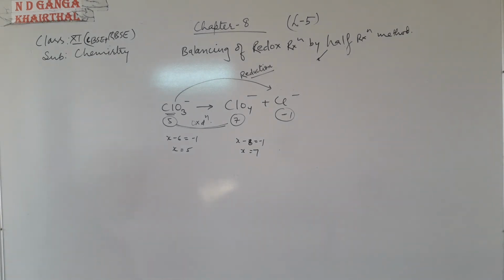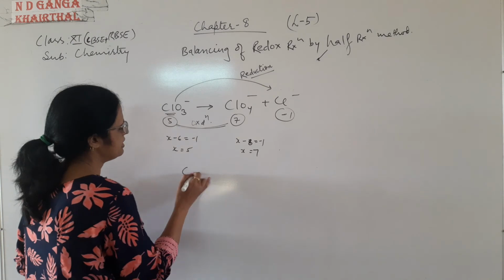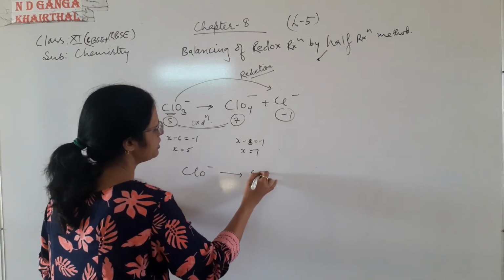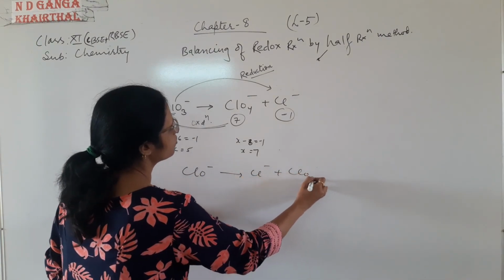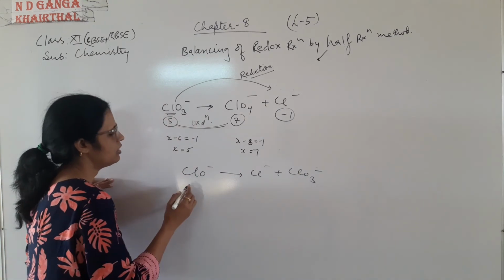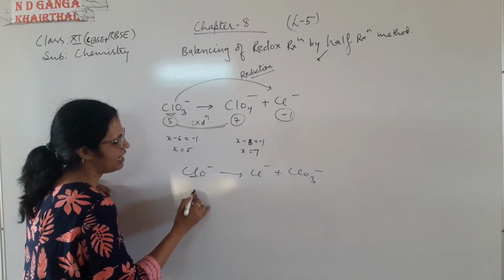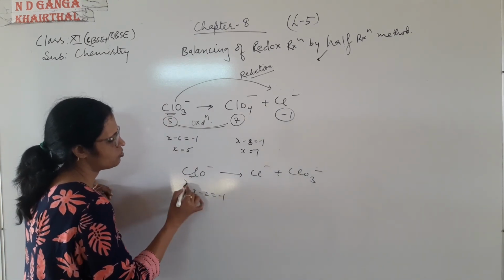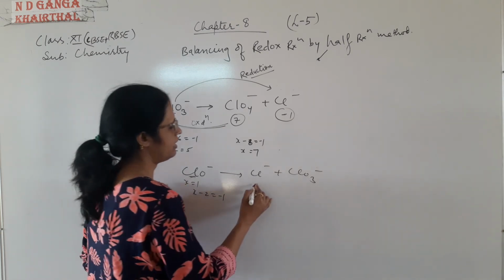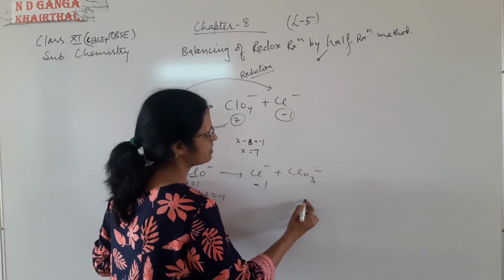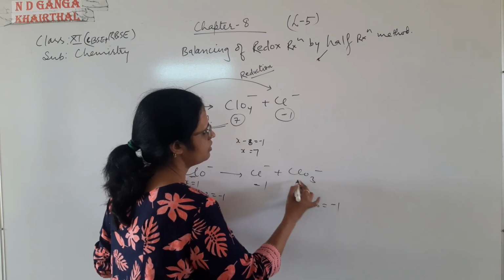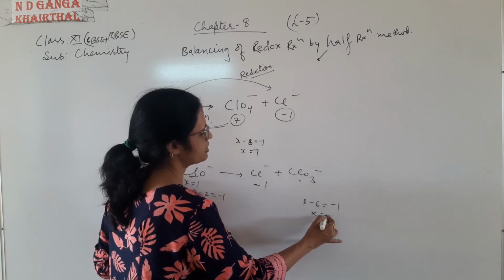Next example. ClO⁻ is converting into Cl⁻ and ClO3⁻. What will be the oxidation number of Cl? x - 2 = -1, so x is 1. Here the oxidation number is -1. Here x - 6 = -1, so x is +5.